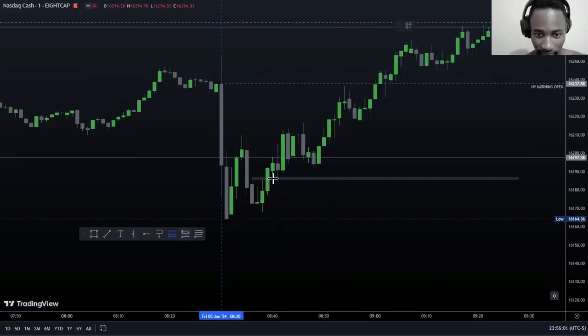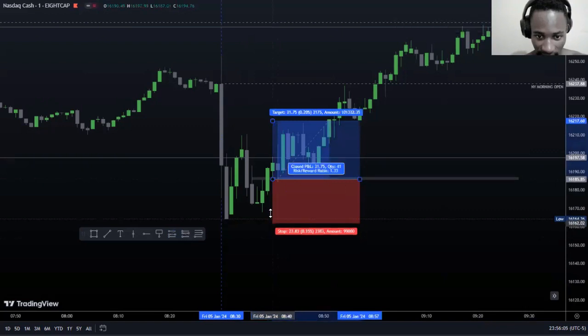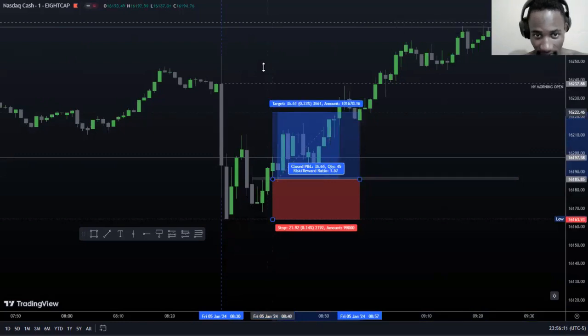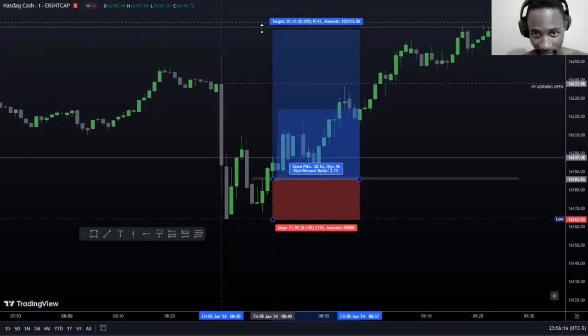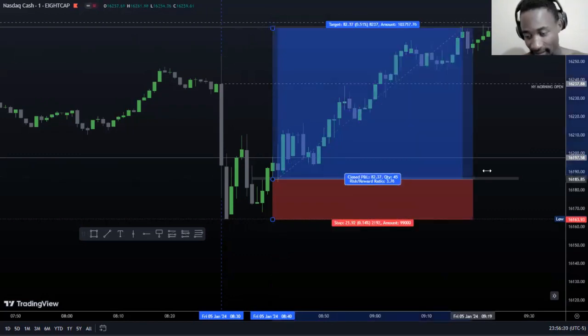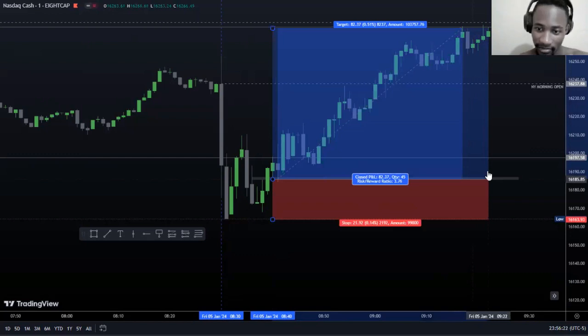So my entry was going to be like this. I'm going to take partials here, then take my trades off here, because I had in mind that the market is bullish for this week. So this was going to be the trade.